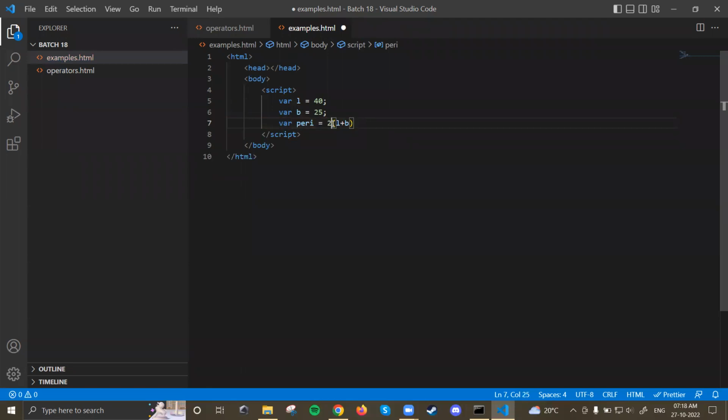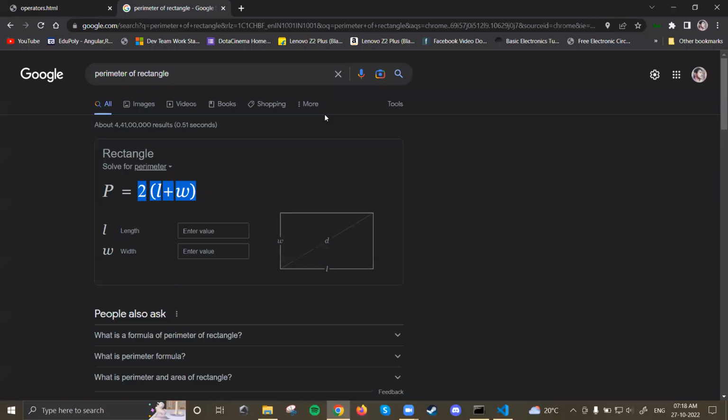If you are confused here, you can use the star symbol. So what will happen here? If I do console.log of peri, what should be the output? L plus B is 40 plus 25, which is 65. 65 into 2 is 130. So I should get the perimeter of the rectangle as 130, isn't it?